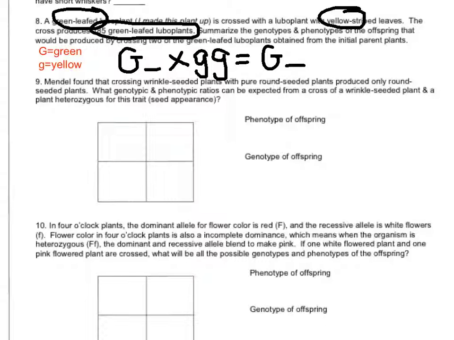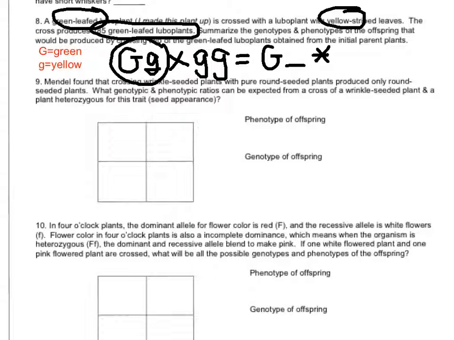So when we go to this parent right here, we think, okay, well, there could be two options here. In order to be green, they could be big G, big G, or big G, little g. But since it tells us that all of this generation right here were all green, and that there wasn't one yellow in that offspring, you know that this cannot be little g.